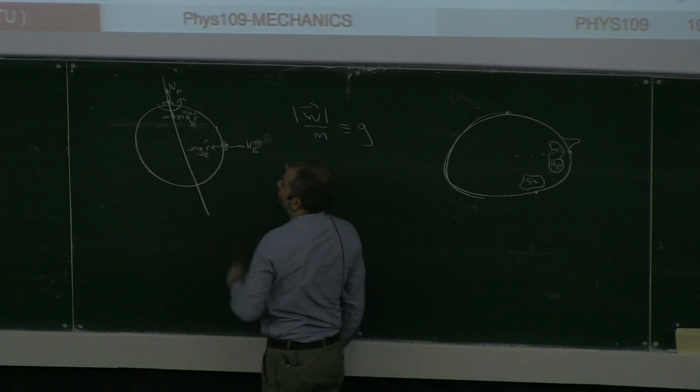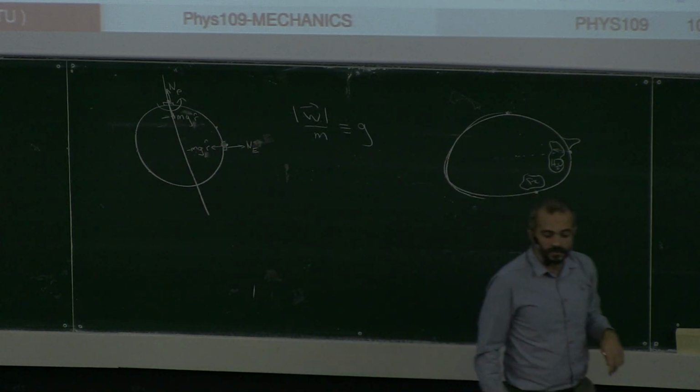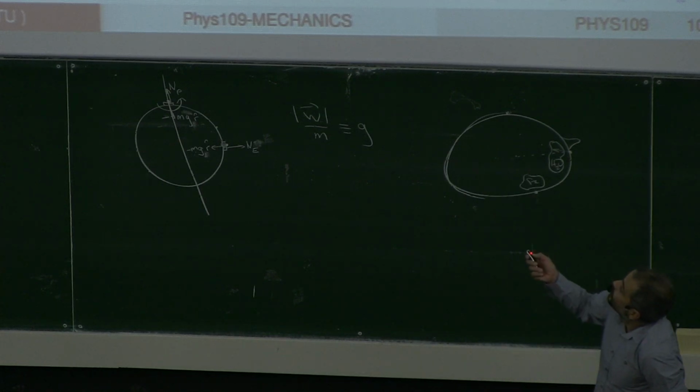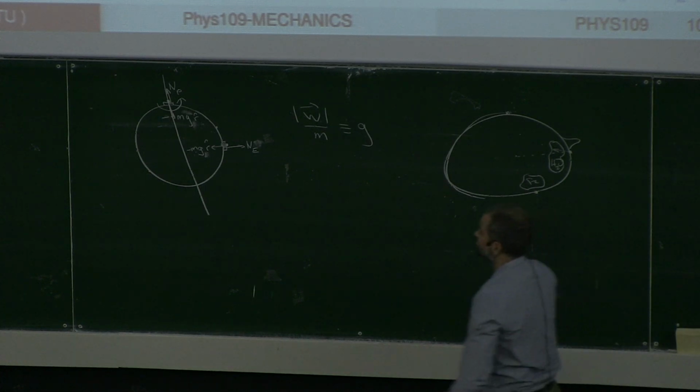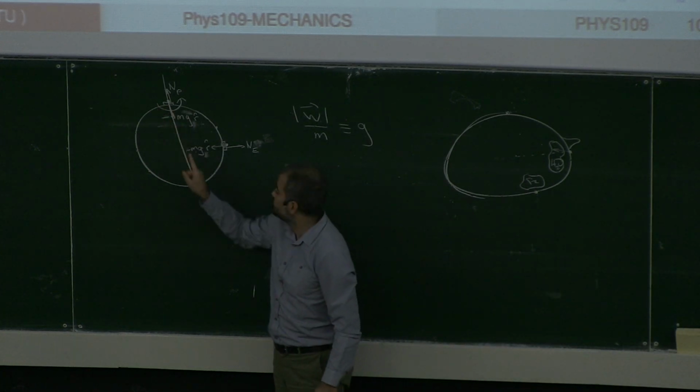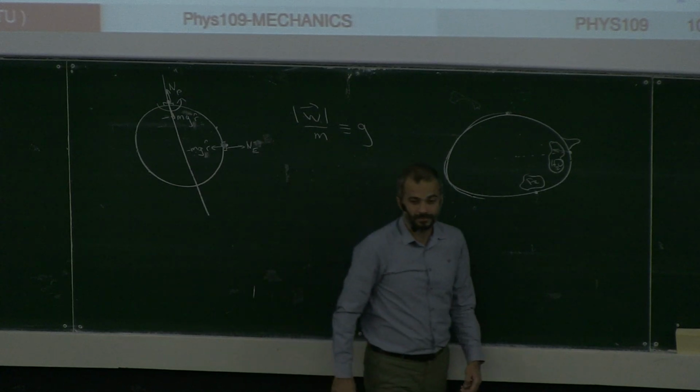Well, if you just ignore all the other effects, the shape of the Earth, the mass density of the Earth, just ignore all the effects. In that case, the gravitational pull at the poles and the gravitational pull at the equator will be the same.